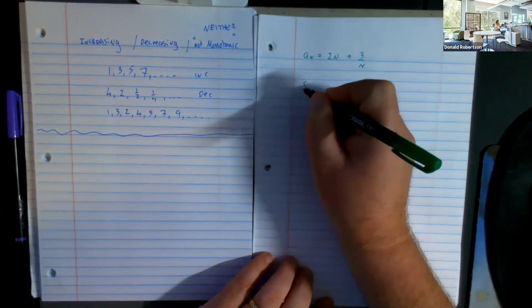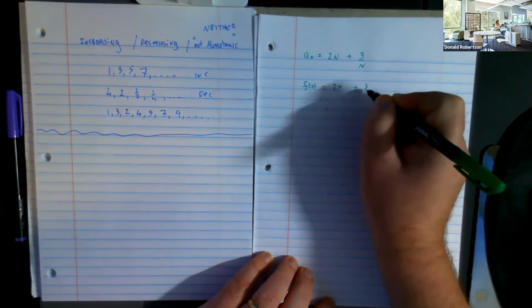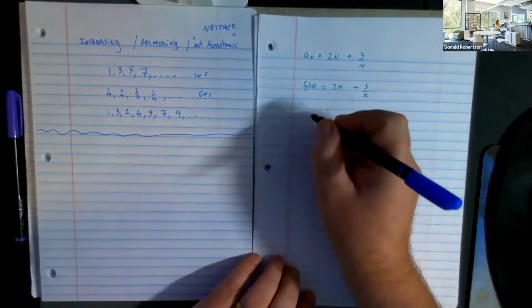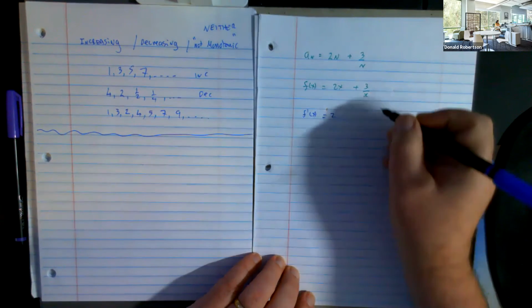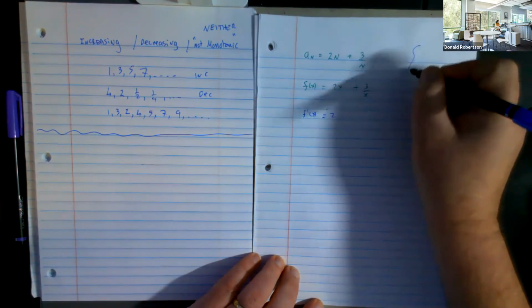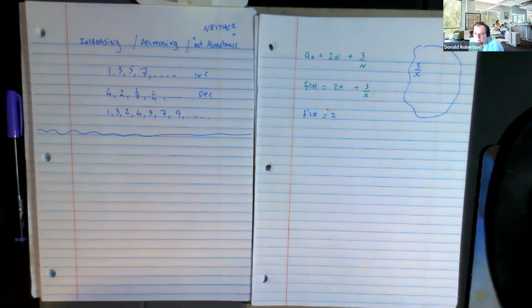The real valued version of this function is that guy. And I'm going to switch over to blue because I like blue. And its derivative then is 2. I need to differentiate 3 over x, but that's probably not a good way to write the expression if you want to differentiate it.